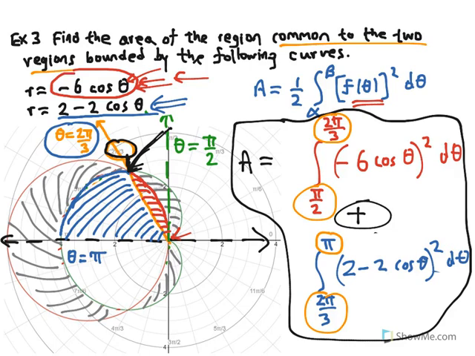If you want to evaluate each definite integral, you would need to square, and you're going to have cosine squared, and you're going to have to use a power reducing formula. Here you would have to FOIL, and then you will also have cosine squared in there, and you're going to have to use a power reducing formula, and you can refer to example 3 in the textbook for more on that.